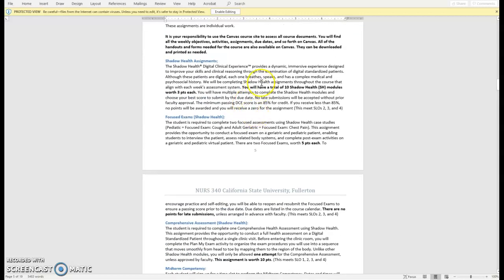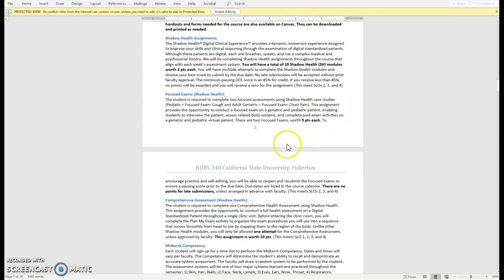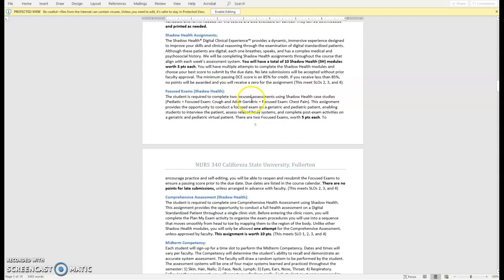So Shadow Health is accounted for here. You do need to be doing your Shadow Health assignments. You'll have a total of 10 of those, and they are worth 3 points each, so 30% of your grade is just in Shadow Health on the regular assignments. Then you go into the focused exams.